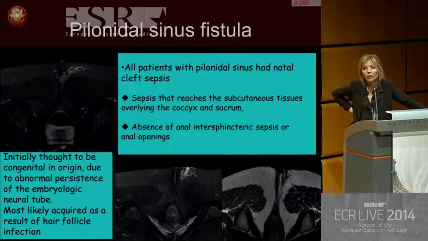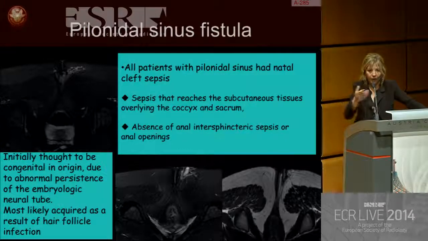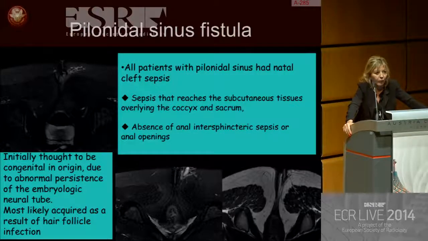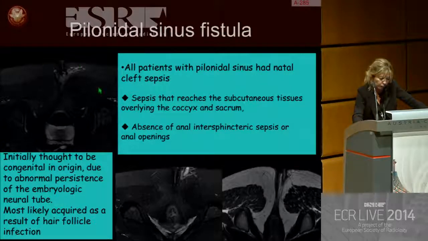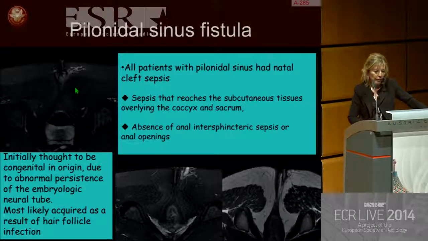I will not spend so much time showing you the differential diagnosis with pilonidal sinus fistula because the colleague just showed these cases very nicely. I just remind you that usually the sepsis in pilonidal sinus is confined to the coccyx, to the subcutaneous tissue overlying the coccyx and the sacrum, and does not involve the anal sphincter, like you may see very nicely in this case.